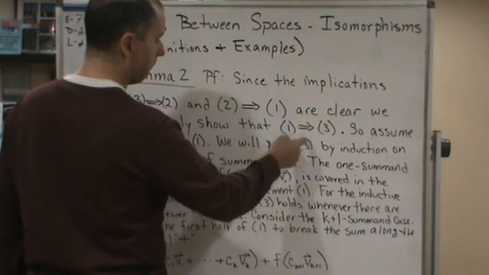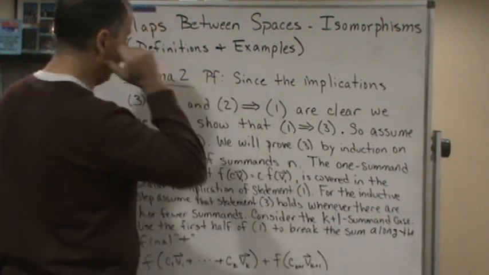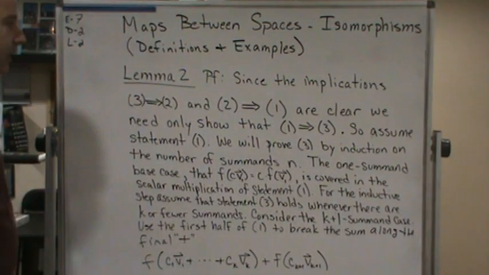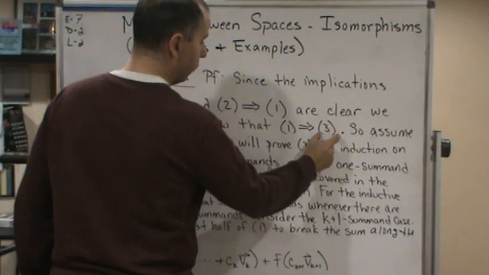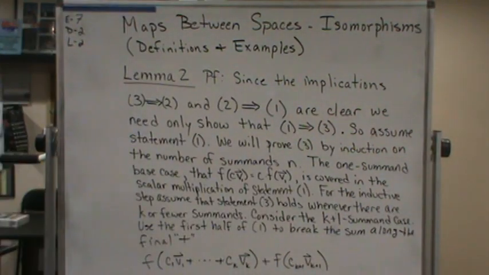In other words, if f preserves structure, then we can use it to break down finite vector linear combinations. So how do we do that?